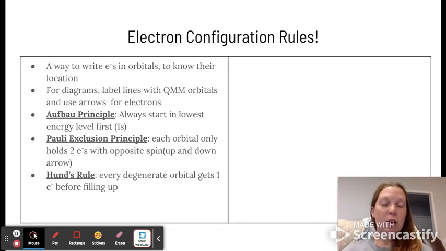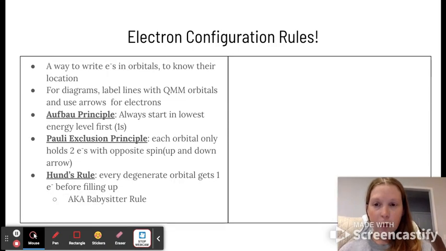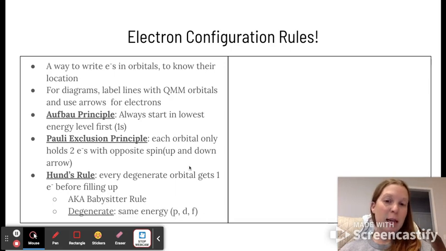That's only fair. That's what you're doing here. You have to give each orbital an electron before going back and filling up. You can't pick favorites here. Again, this only applies to our p, d, and f orbitals.